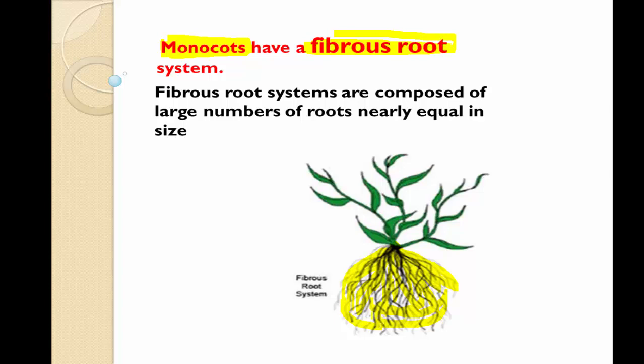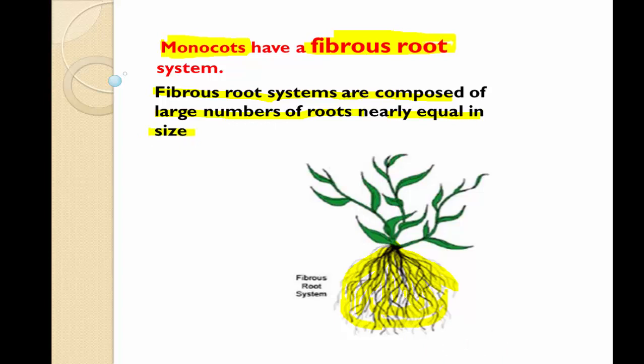But here the condition is not like that. From the radicle only the fibrous root system arises, and here many roots are produced. The fibrous root systems are composed of a large number of roots which are nearly equal in size.